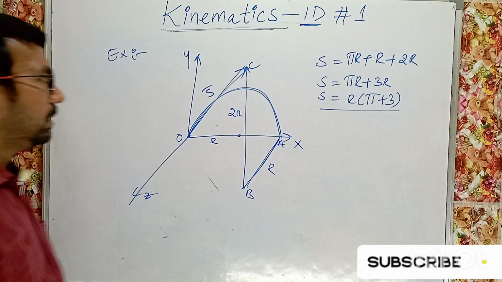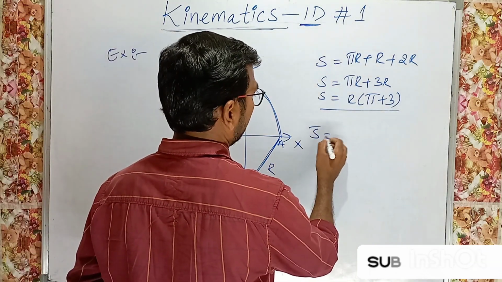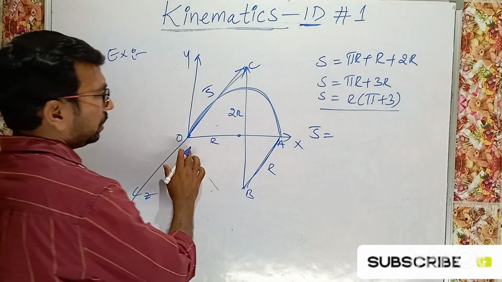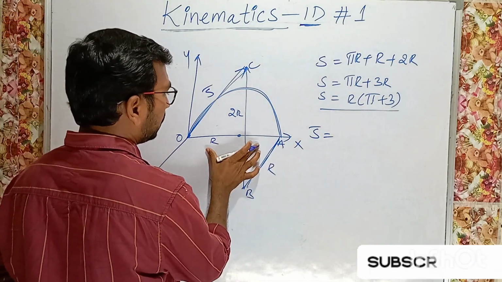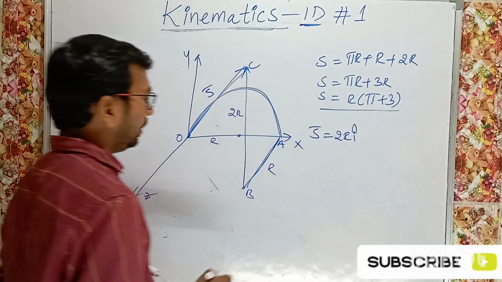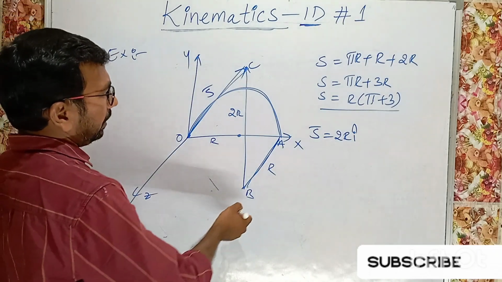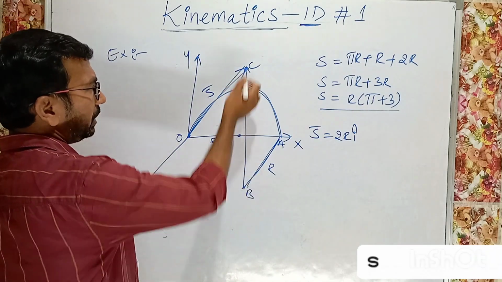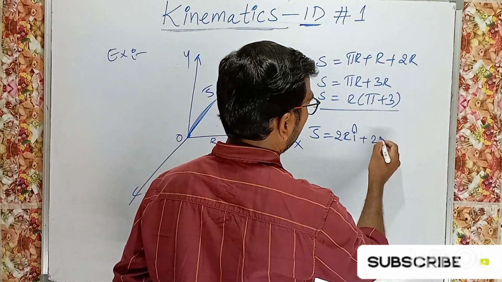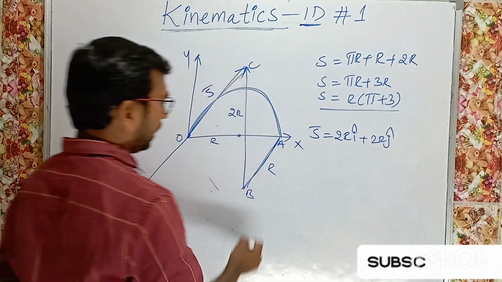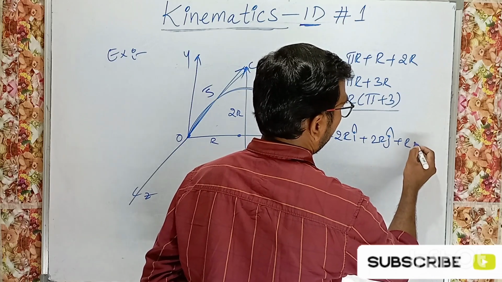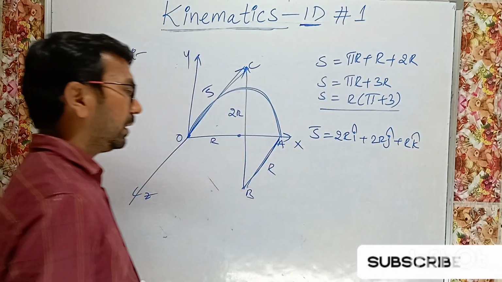Now you can find the displacement. It is better to write it in vector form. So O to A is 2r i cap. Along the y-axis, B to C is 2r j cap, and along the z-axis it is r, so r k cap.